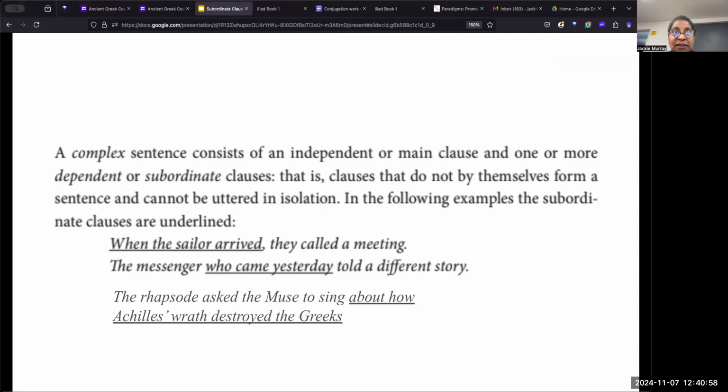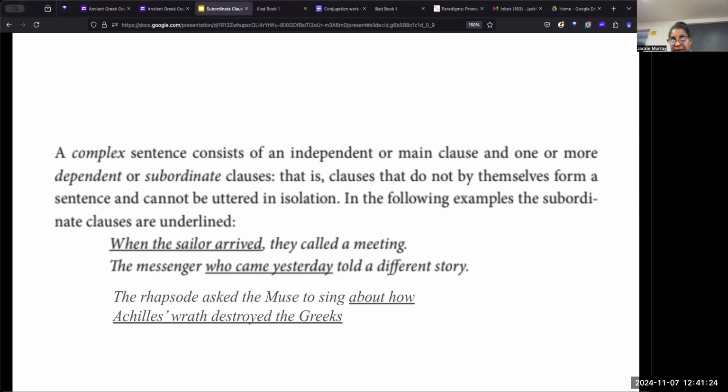Usually the subordinated clause is introduced with a conjunction. Here, the first one, when the sailor arrived: it's introduced by the temporal conjunction when. They called a meeting is the main clause: they called a meeting when the sailor arrived.